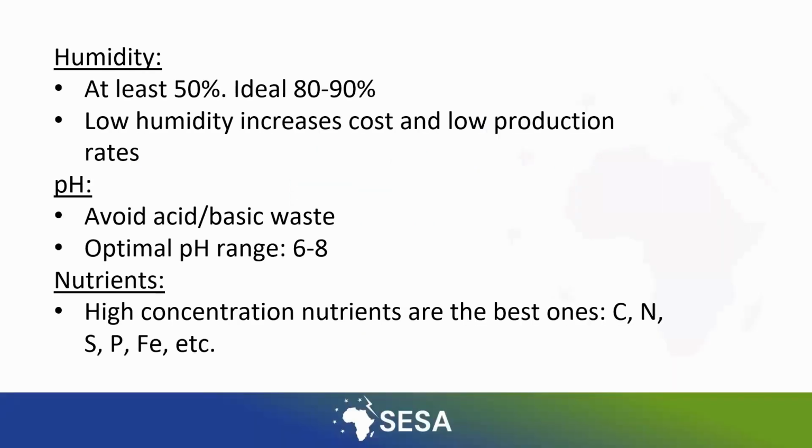The first of them is humidity. As we have already mentioned in this course, the degree of humidity of a residue is very important so we can have proper anaerobic digestion. Very dry waste cannot be degraded efficiently or quickly by anaerobic bacteria, and therefore does not give a good amount of biogas.